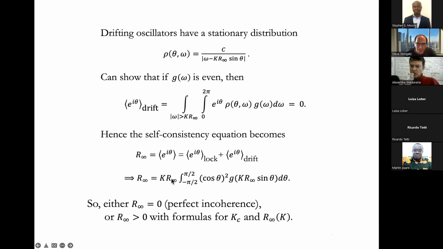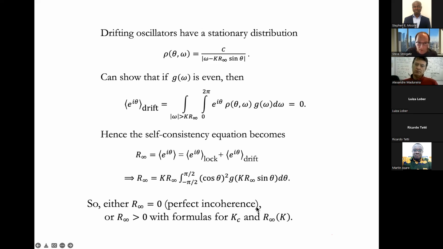This is an equation for R infinity as a function of K. It looks messy, but it's a function for that bifurcating branch, right? R infinity is some complicated function of K. The thetas integrate out. It's just R infinity in terms of K. And so one solution is R infinity equals 0, which is that, we saw that there was a 0 branch in the bifurcation picture.